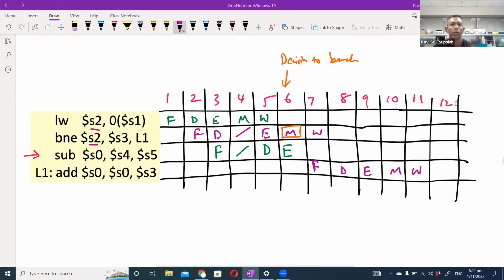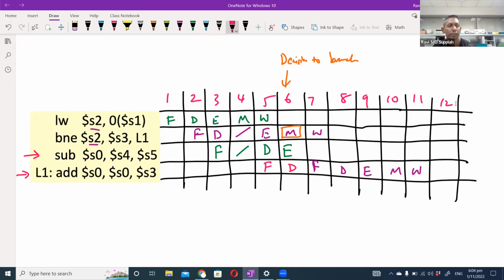All right, so what I say is correct, but I wanted to say that after I say this, since the L1 instruction is the next instruction after sub, we will actually fetch here and go through decode here.